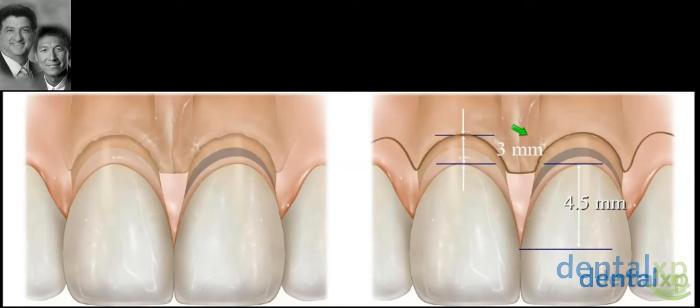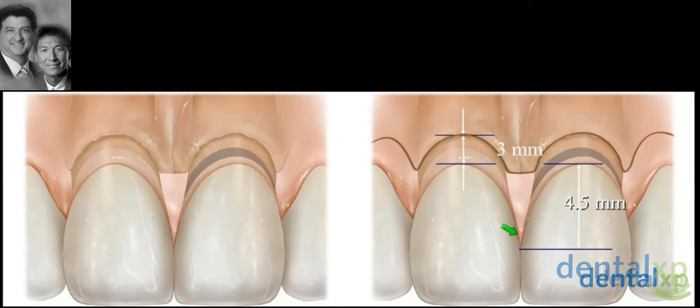The reason is the papilla is a hypertrophy if it forms, and that hypertrophy is that extra 1.5 millimeters. There it is. If you take the tooth out, the scallop of the tissue would be the scallop of the bone. But once the contact point's there and we get the hypertrophy of the papilla, we see that it's 4.5 millimeters.